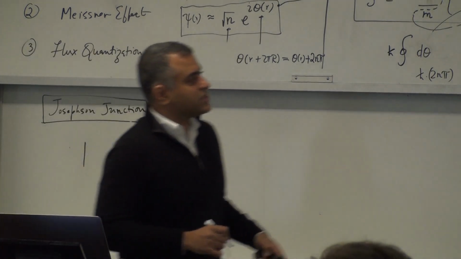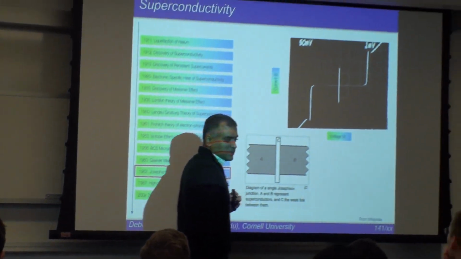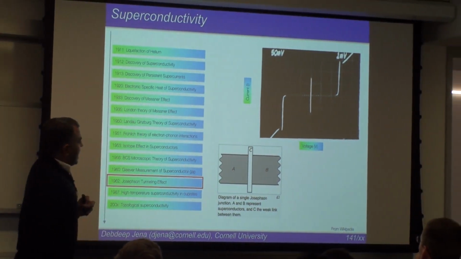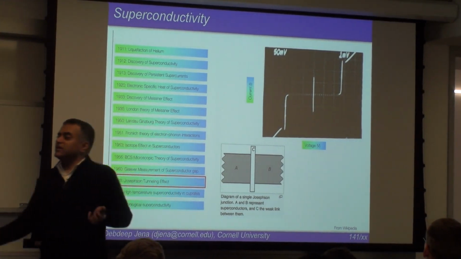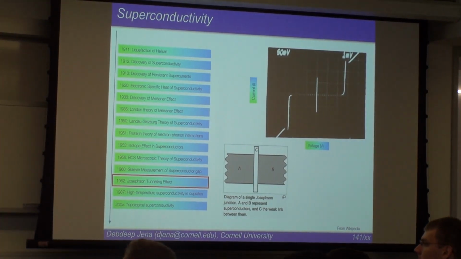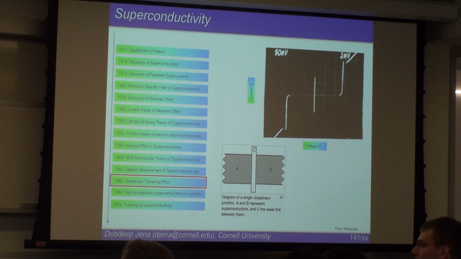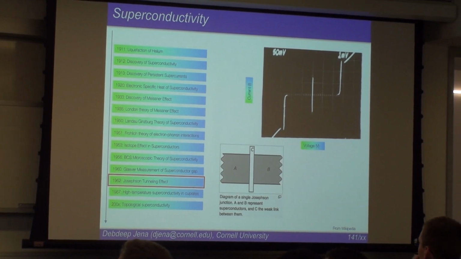Actually, let me just use the picture. Here's the Josephson junction. Again, just two superconductors with a tunneling junction in between them. Conceptually, it's actually pretty trivial. Instead of single particles tunneling across the junction, what about Cooper pairs tunneling across the junction? That's the basic idea.